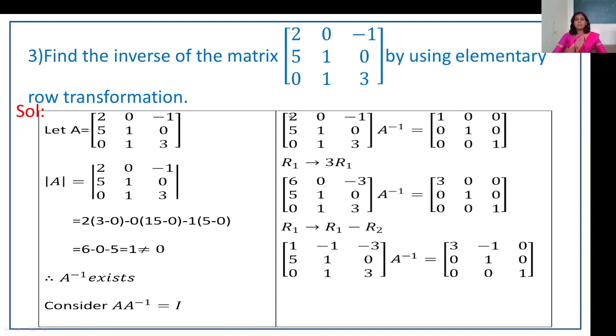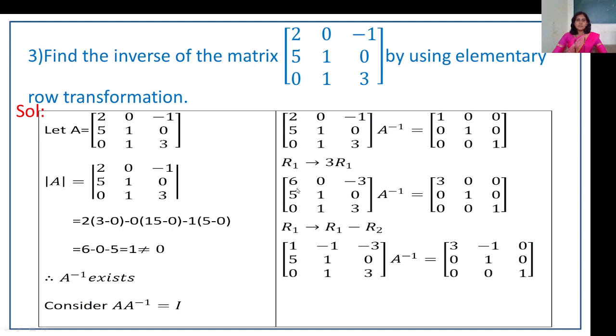Then we make firstly this first element into 1. We reduce this first element into 1. So for that, we first multiply first row by 3. So here is 6, 0, minus 3, 3, 0 and 0, and kept other two rows as it is.